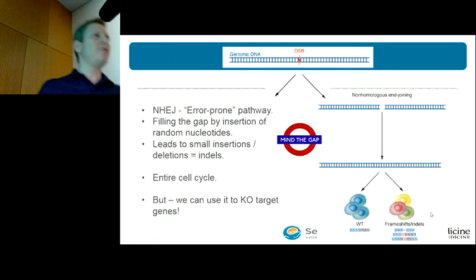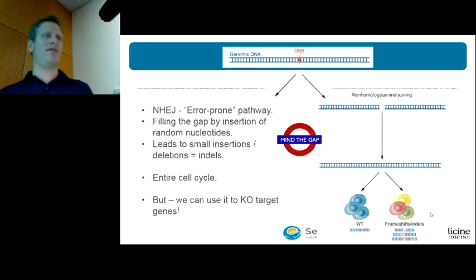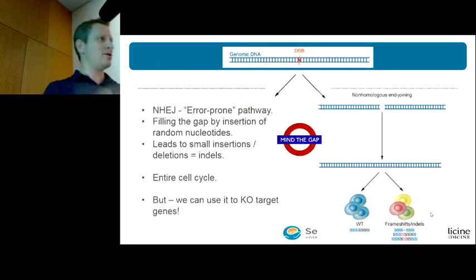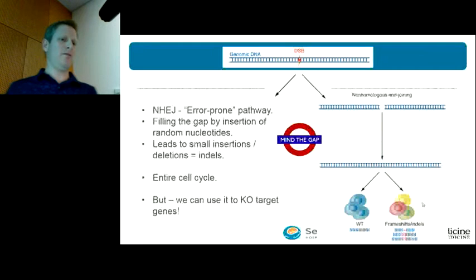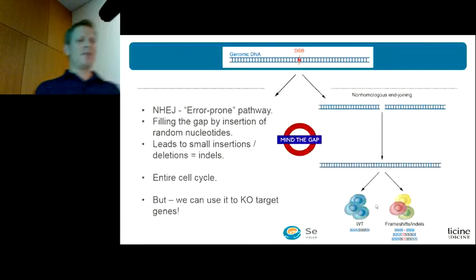Is it good? Sometimes it's very good, especially if you think about T cell and B cell rearrangement. You want to make a big repertoire of TCRs and B cell receptors. So that's one way to increase your repertoire, just random insertion and deletion. You change the sequence, you get a new B cell receptor, a new T cell receptor, everything is okay. In any case, now you don't have the broken DNA anymore. So that can happen during the entire cell cycle, because whenever you get a break, you can use this mechanism.